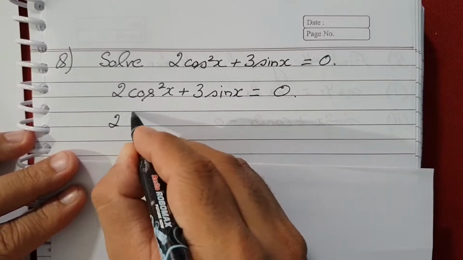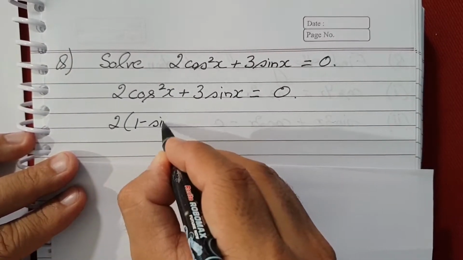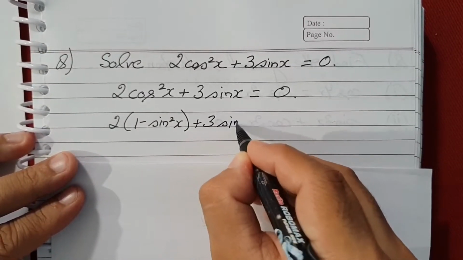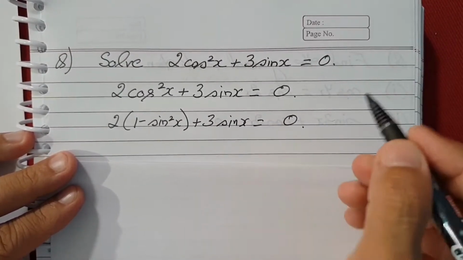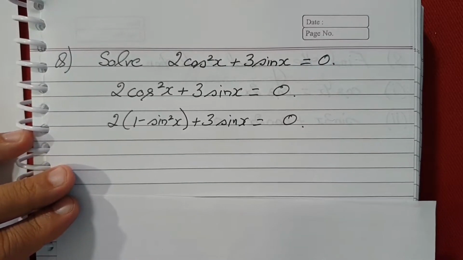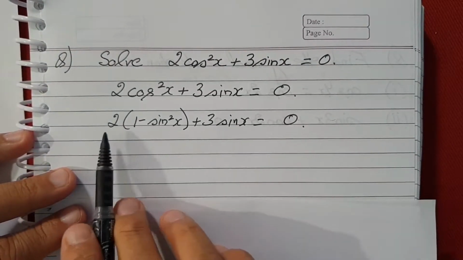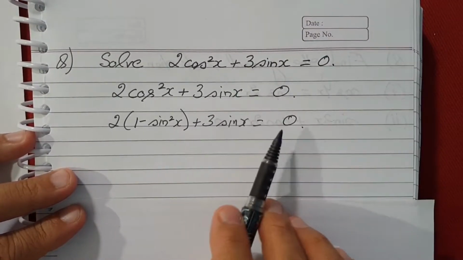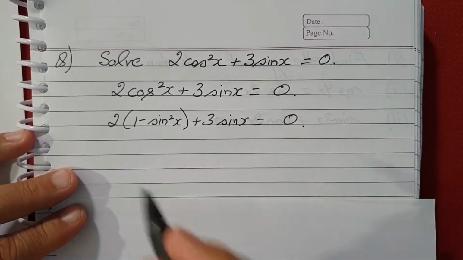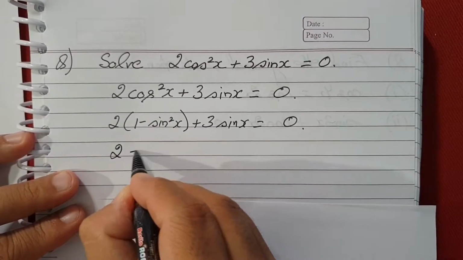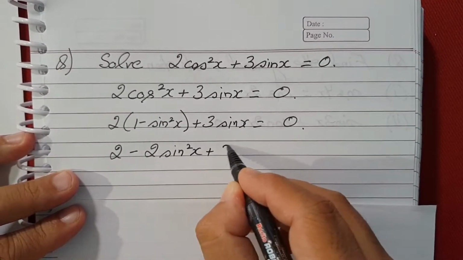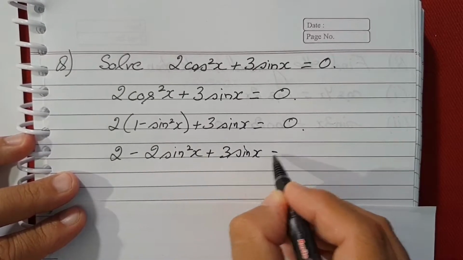So this is 2 times (1 minus sin square x) plus 3 sin x equals 0. Now opening the bracket, this will be 2 minus 2 sin square x plus 3 sin x equals 0.